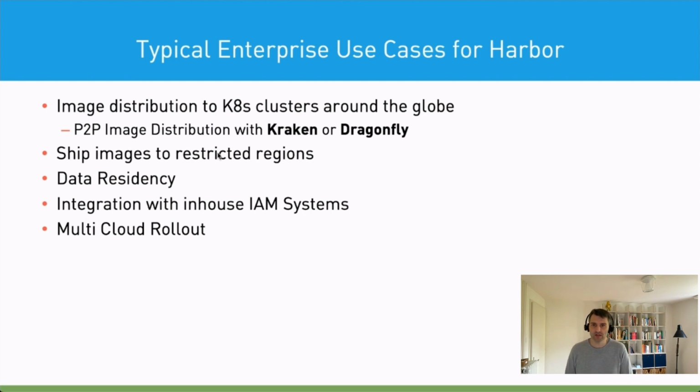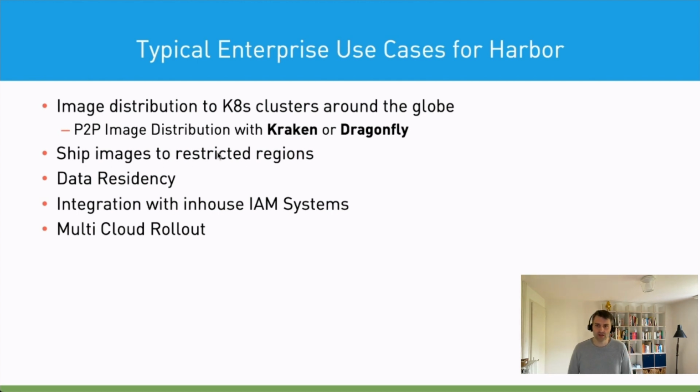The other point is data residency. A lot of organizations require data to reside in a region. China is a good example, but in the US there are also examples like medical data and medical software, where sometimes it's required to have data in a region.